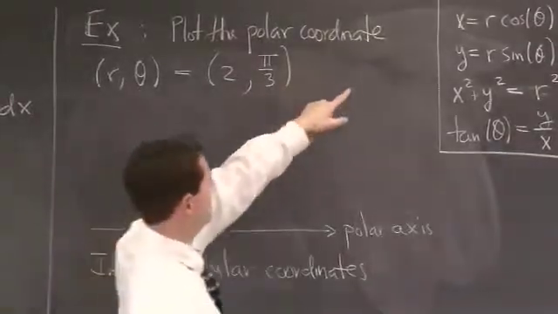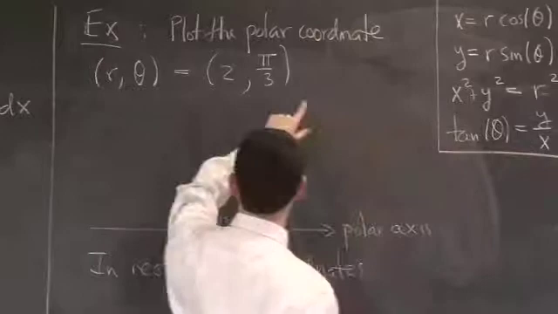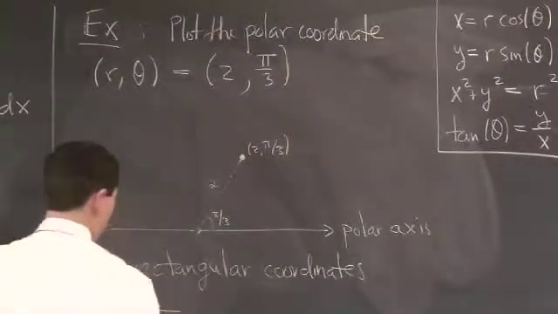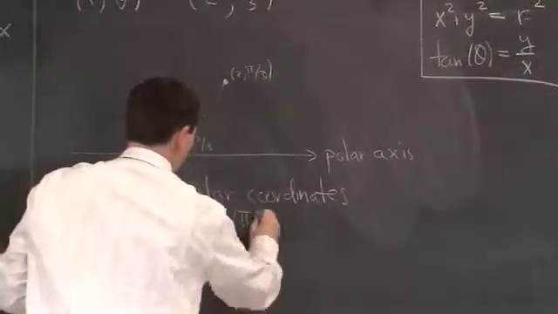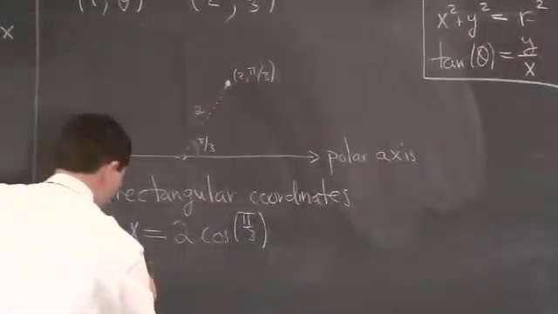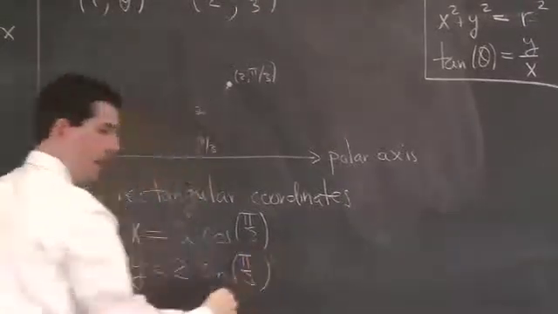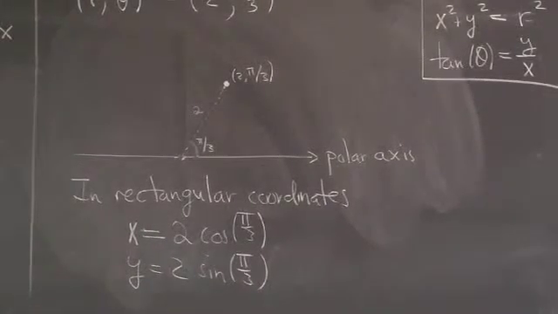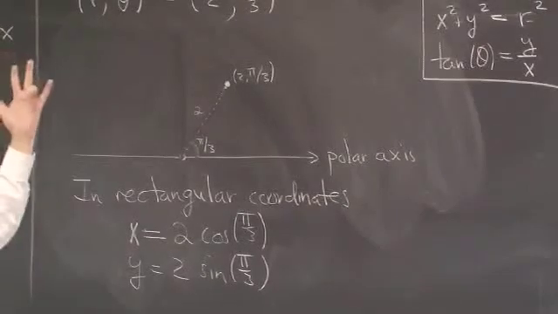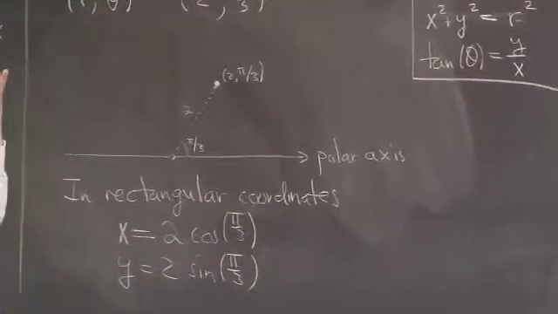we have these formulas that tell us x is r cosine of theta. So x is 2 cosine of pi over 3. And y is 2 sine of pi over 3. So let's see, cosine of pi over 3. Well, it was 0, pi over 6, pi over 4, pi over 3. So the sine is root 3 over 2, and the cosine is root 1 over 2, or a half.